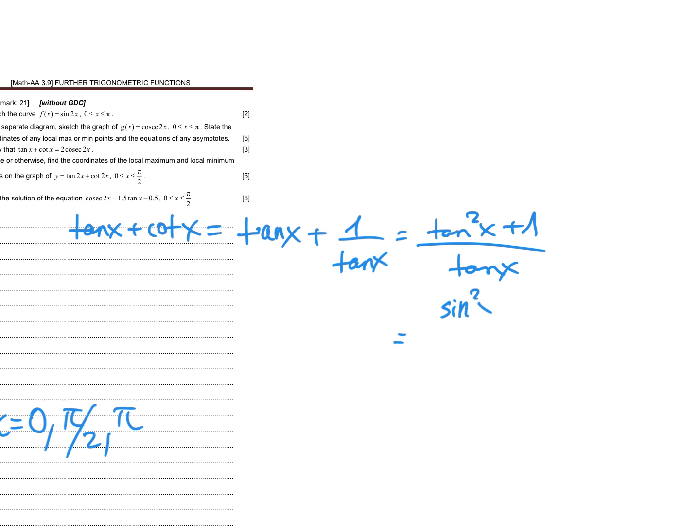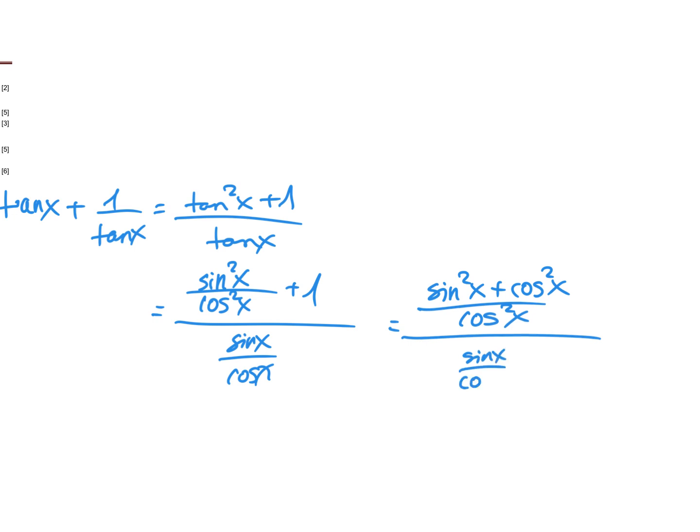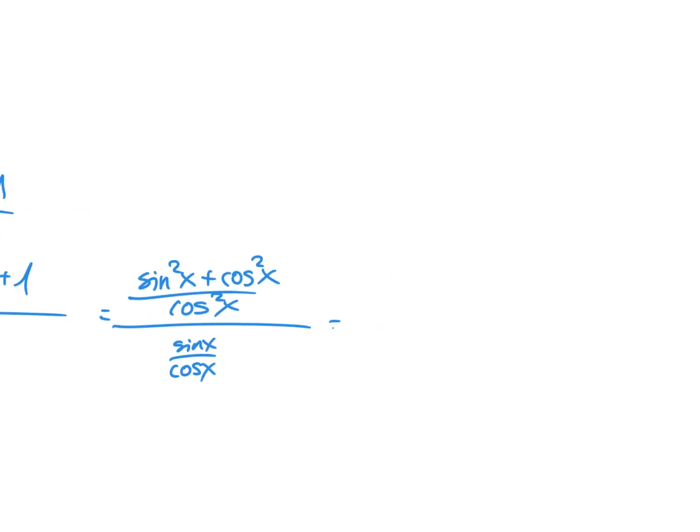I'm just going to try this. So this is going to be sine squared plus cosine squared over cosine squared over sine over cosine. That's 1 over cosine squared times cosine over sine.